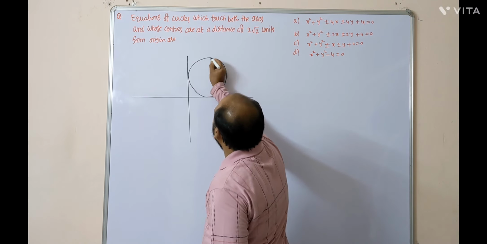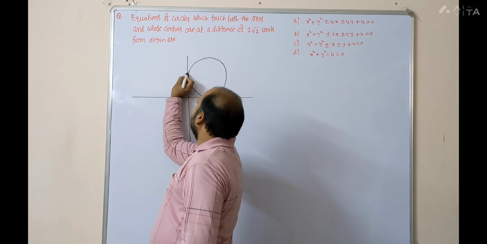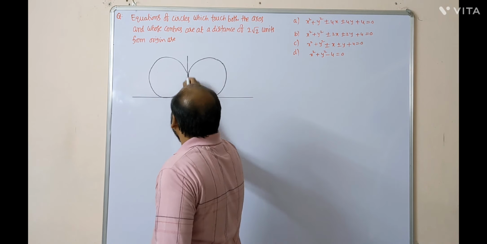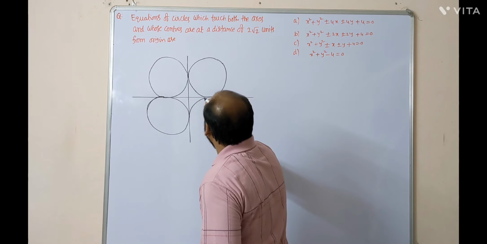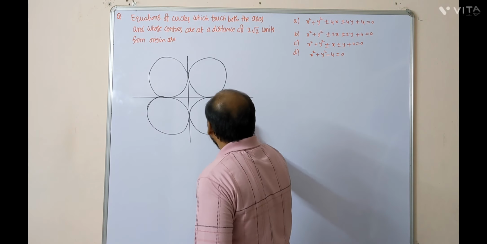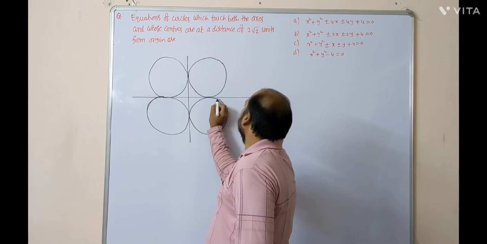The circle may be like this, or the circle may be like this, or the circle may be like this, touching both the coordinate axis only. Or the circle may be like this. So any of the circles may be the answer. So that's why plus or minus possibilities are given.